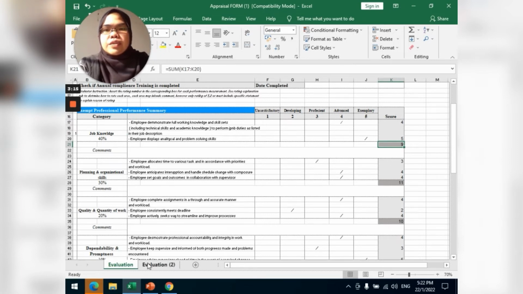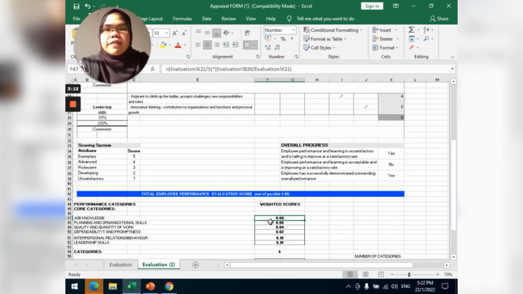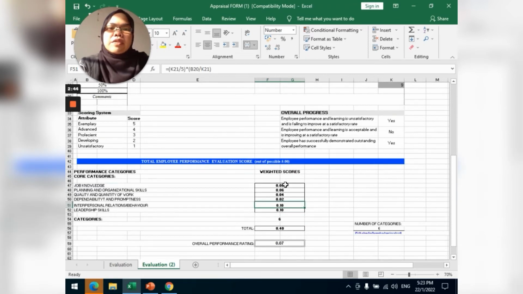So you get the weighted scores: 0.08 for job knowledge, 0.06 for planning and organizational skills, 0.04 for quality and quantity of work, 0.02 for dependability and promptness, 0.10 for interpersonal behavior, and 0.10 for leadership. The total of all of this is 0.40.